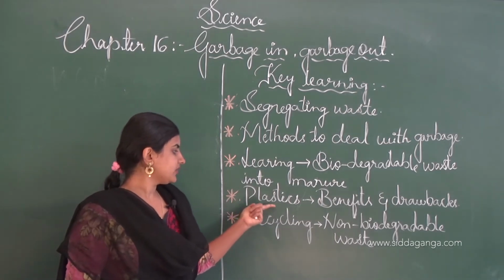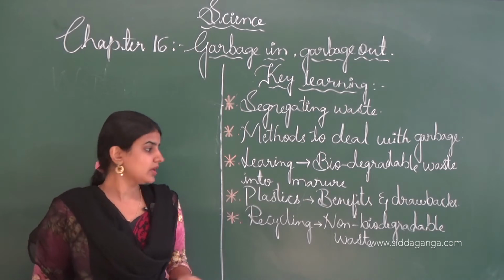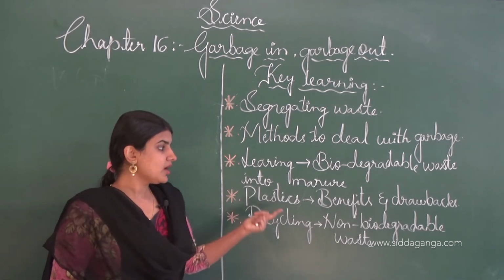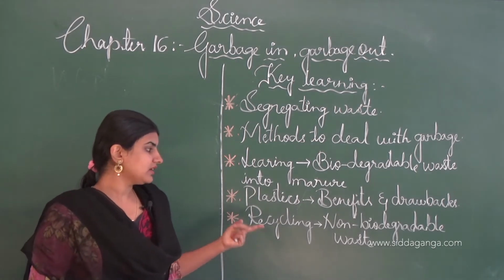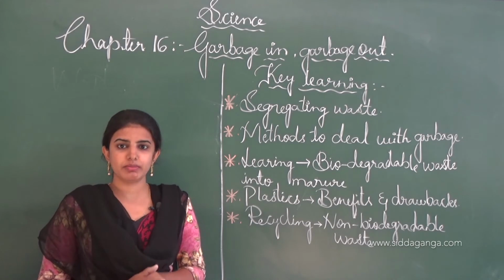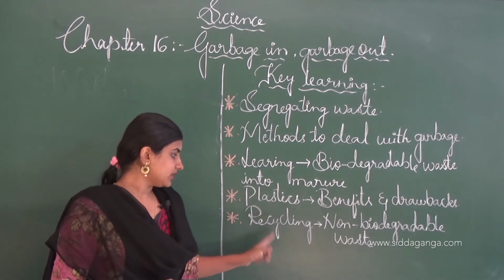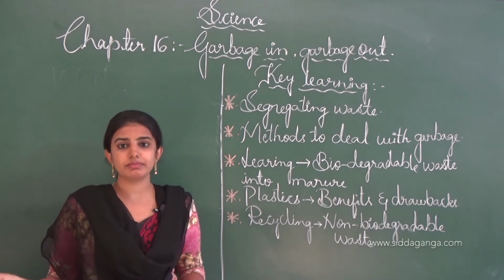And next one is plastic. There are many uses of plastic, and in the same way there are drawbacks too. And the recycling of non-biodegradable waste: since it is not decomposed by bacteria, such waste can be recycled, for example plastic.